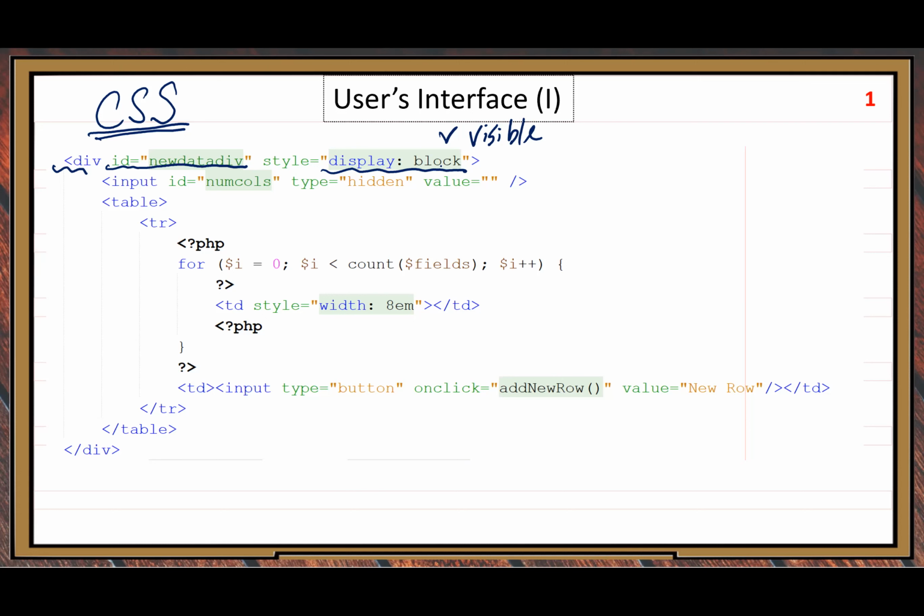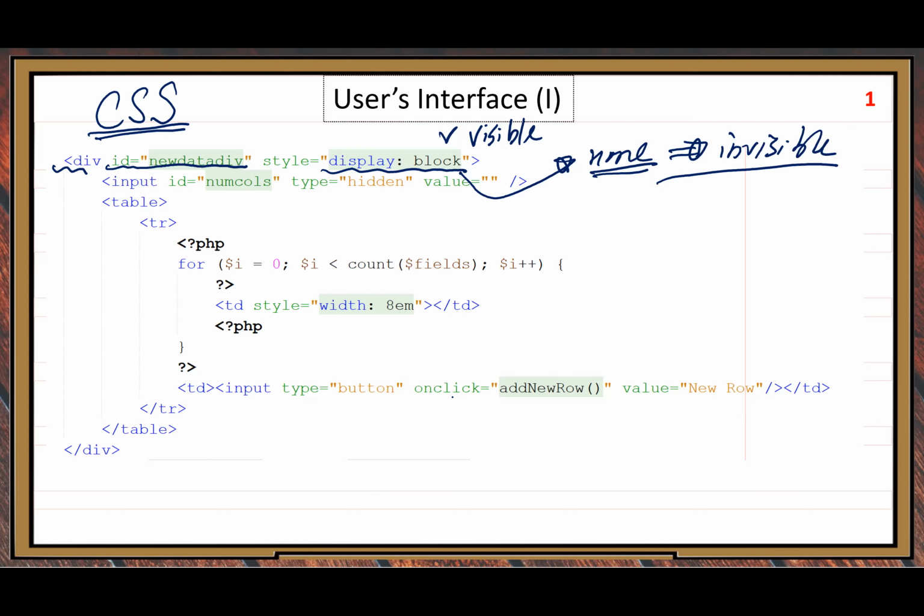But you can change its value. In my next slide, if you change this value from block to none, then it becomes invisible. That's simple. We use the JavaScript function to change it.